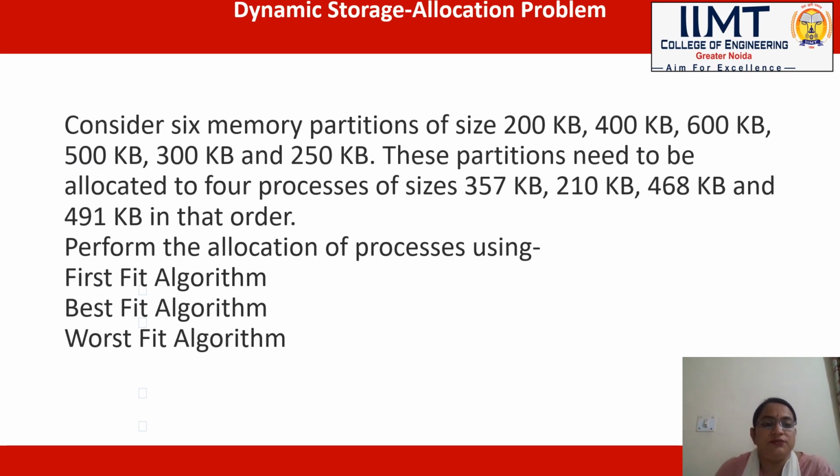I would like to explain the dynamic storage allocation problem with an example. Consider six memory partitions of size 200 KB, 400 KB, 600 KB, 500 KB, 300 KB, and 250 KB, and these partitions need to be allocated to four processes of sizes 357 KB, 210 KB, 468 KB and 491 KB in that order.